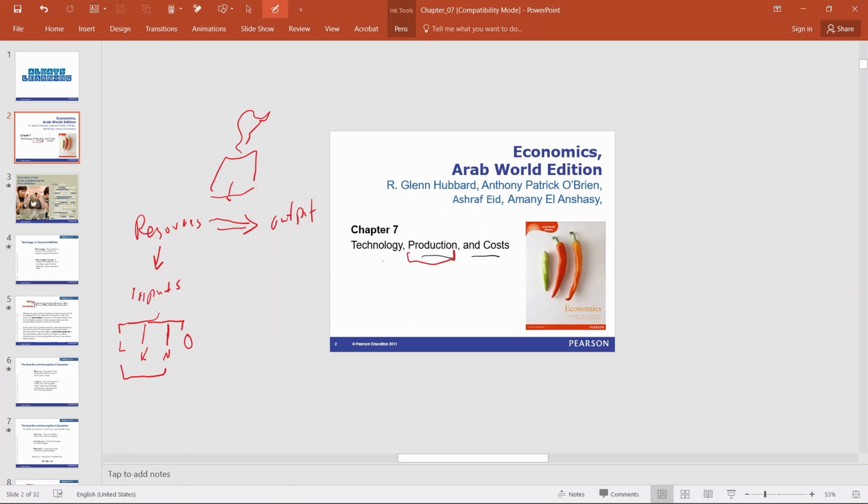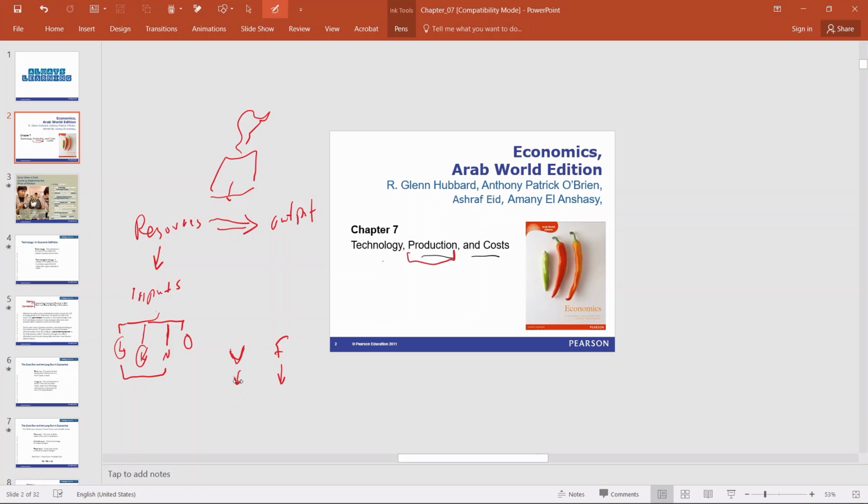So anyway, any production process consists of one input or two inputs or more. Some of these inputs are variable and others are fixed. Fixed means like land, building. Variable input changes with the level of production. So if you want to produce more, you need to hire more labor and get more materials and more time.